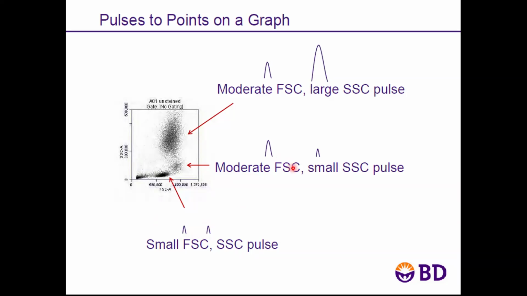Now let's go to the monocyte. The forward scatter is a bit high, but the side scatter is almost the same. So the pulse is bigger than your lymphocyte. And when we go to the neutrophils, the SSC pulse is quite big. That's how they interpret the data.